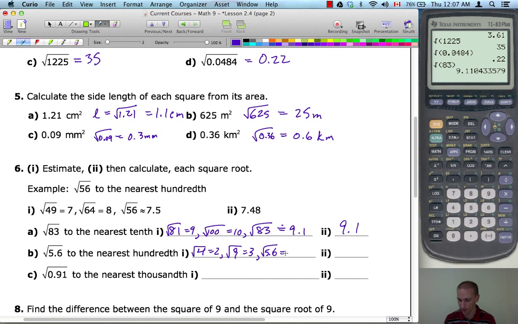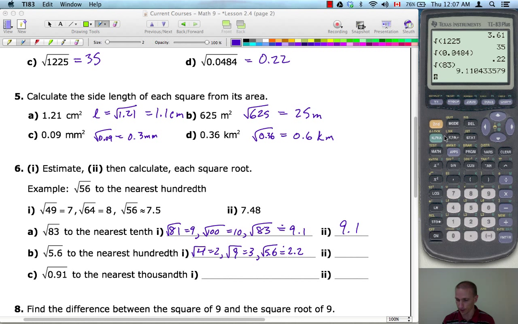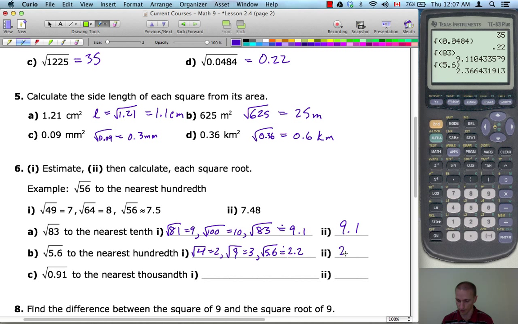So maybe it's something like 2.2. So that's my estimate. And now getting an actual answer calculated. So the square root of 5.6 to the nearest hundredth is 2.37. So I was close but not exactly on.